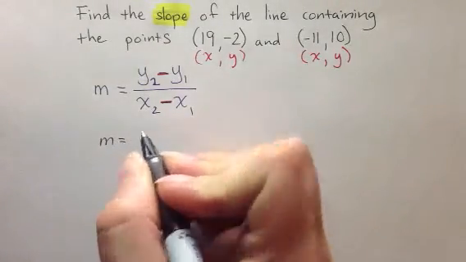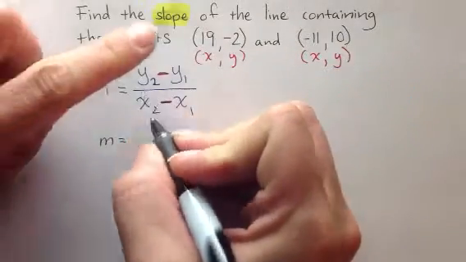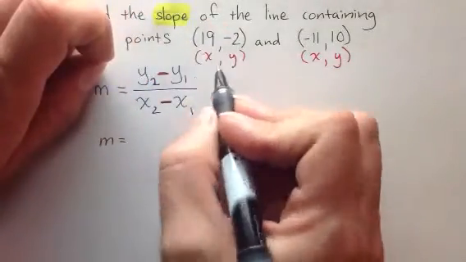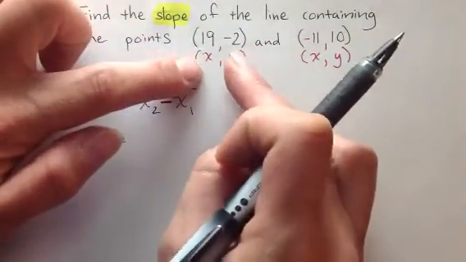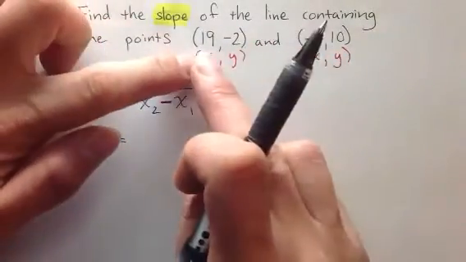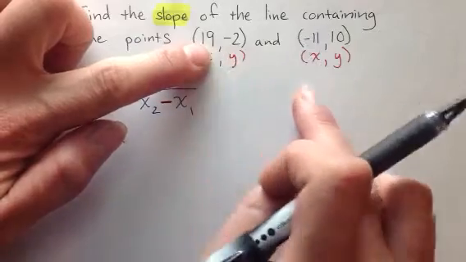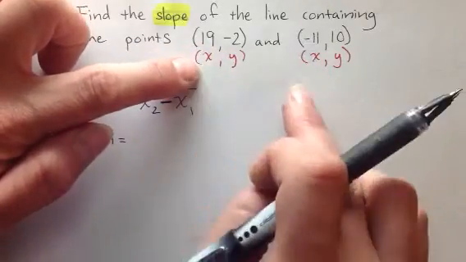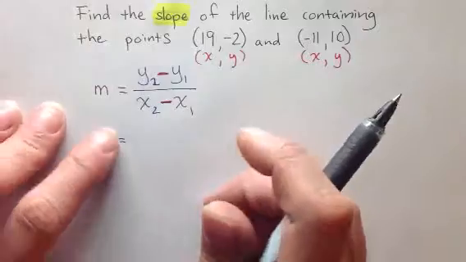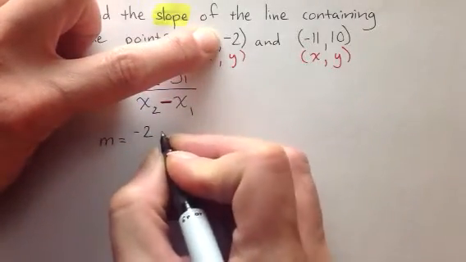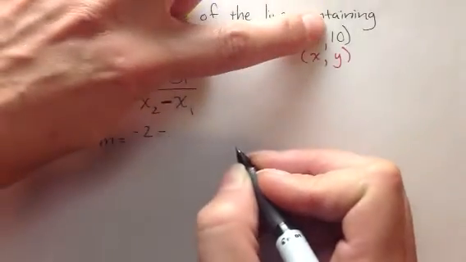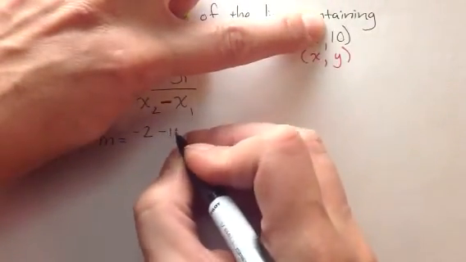Slope equals y minus y, and I always call the first one 2 and the second point 1, because I like to go left minus right, left minus right. So left, the y is negative 2, minus the right one, 10.